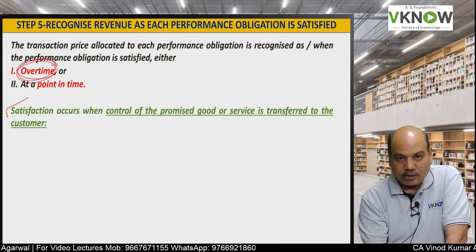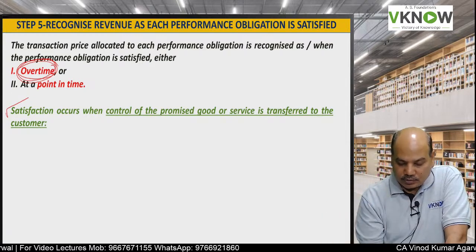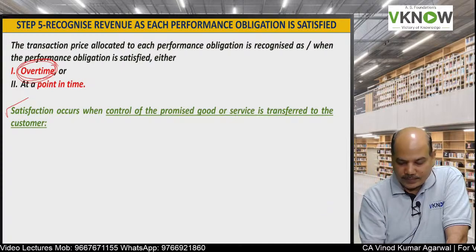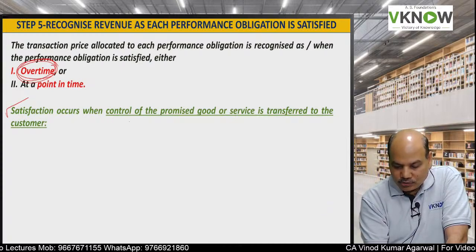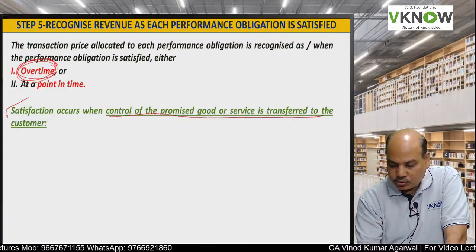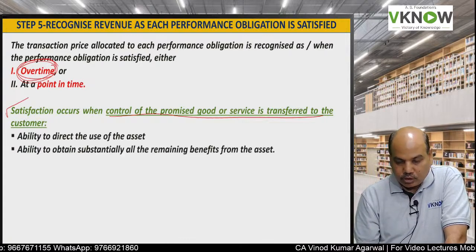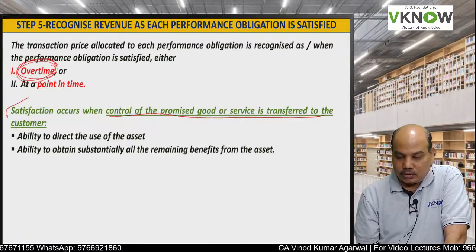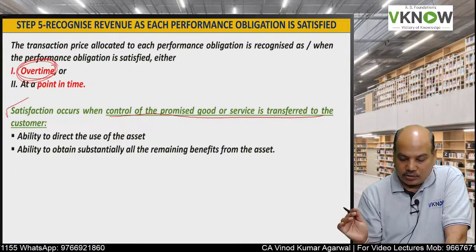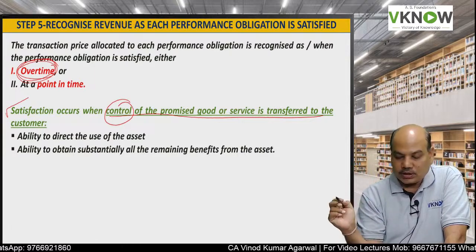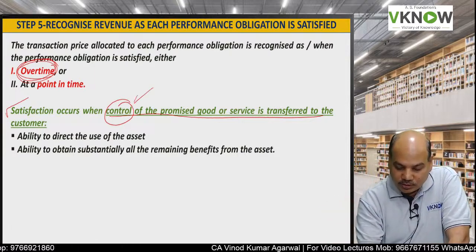Satisfied over time will be applied when certain conditions are satisfied. Satisfaction occurs when control of the promised goods and services is transferred to the customer. So first you understand when should revenue be recognized? When control of the promised goods and services is transferred to the customer.